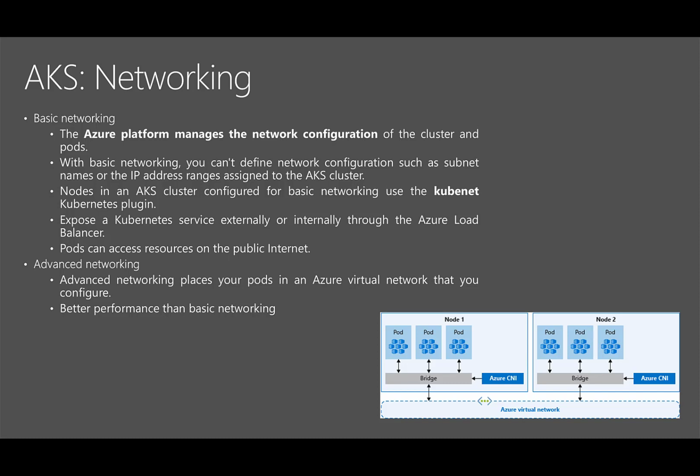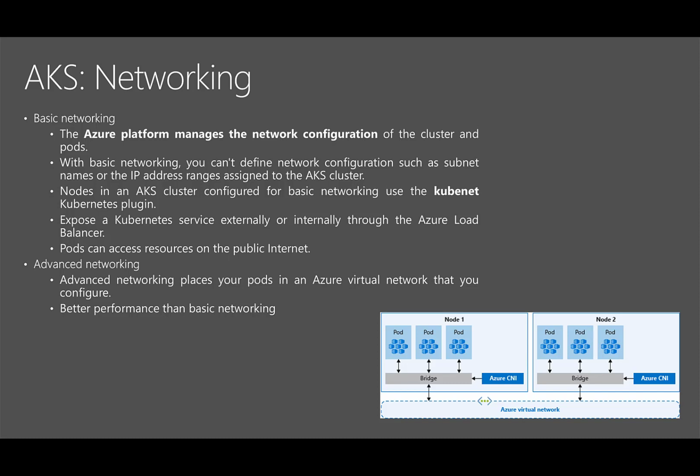What about networking? You have 2 choices when you deploy your cluster. One is basic networking and the other is advanced networking. With the basic networking, basically the Azure platform manages all the network configuration for you. You can define the configuration such as subnets, names, or the IP ranges assigned to the cluster.